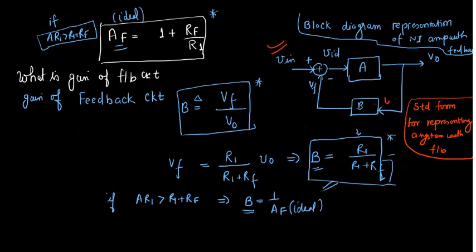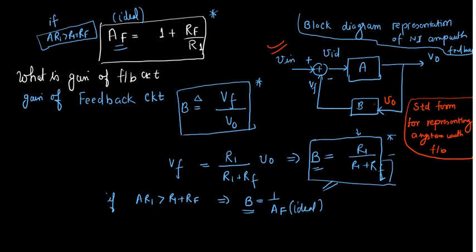So this is your V naught, and this is your VF. Input-output relation of each block you know, right? This is also called block diagram representation of a non-inverting amplifier with feedback. So you can easily evaluate V naught by V in by just observing this.